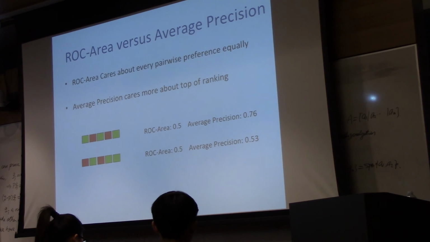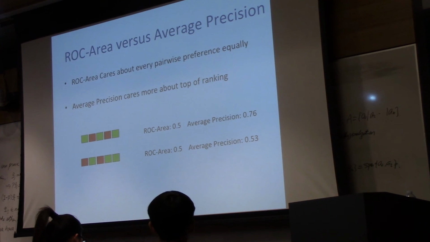And to illustrate that point, let's look at these 2 rankings of 3 positive results and 2 negative results. Both of these have 6 pairwise preferences for ROC-Area. Okay, I made a mistake here, but both of them are supposed to have an ROC-Area of 0.5.